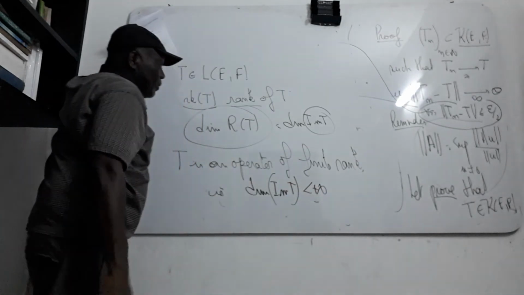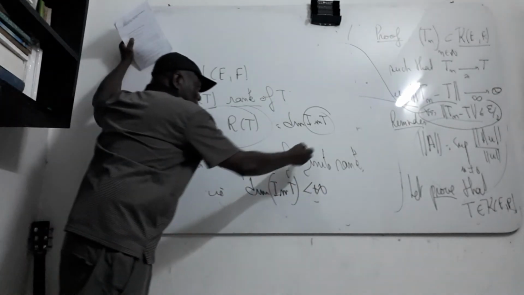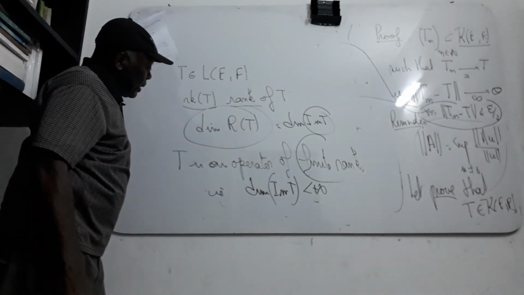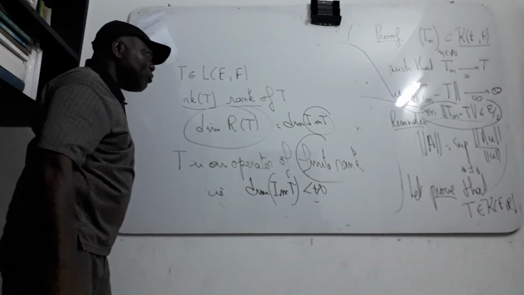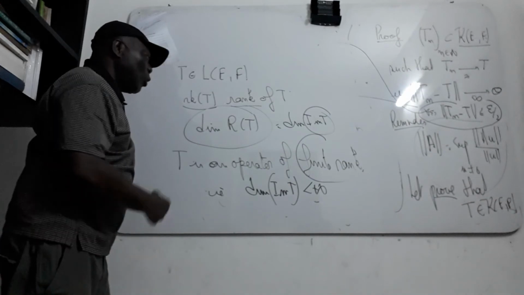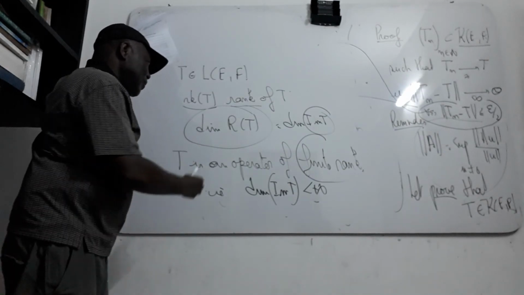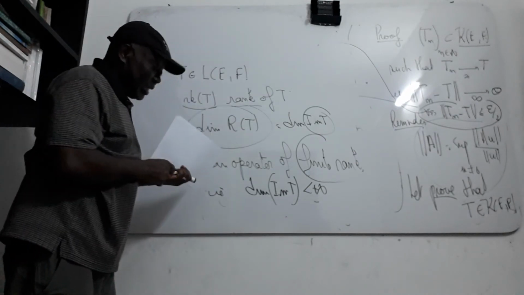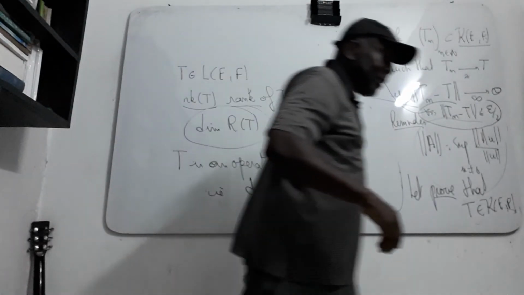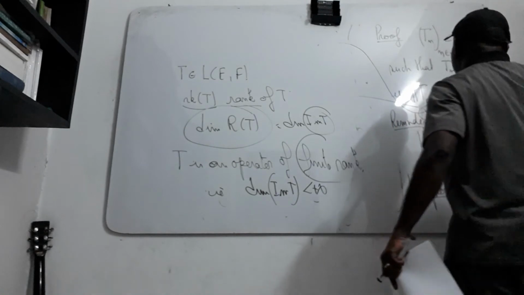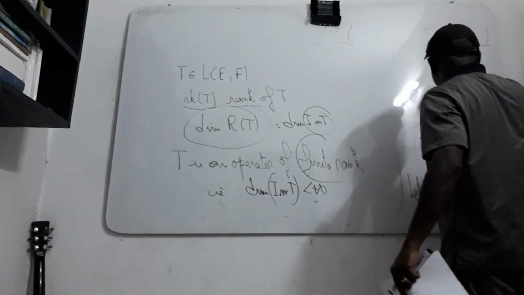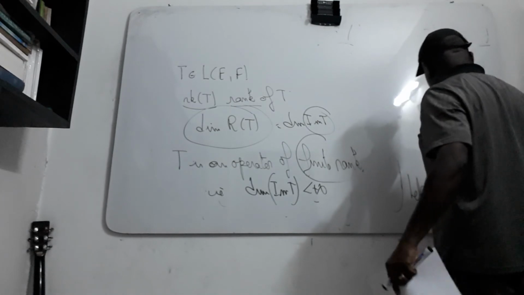It's called finite, so the finite rank operators. And this one is important because when you take a sequence of finite rank operators, the limit is compact. It's very strong.